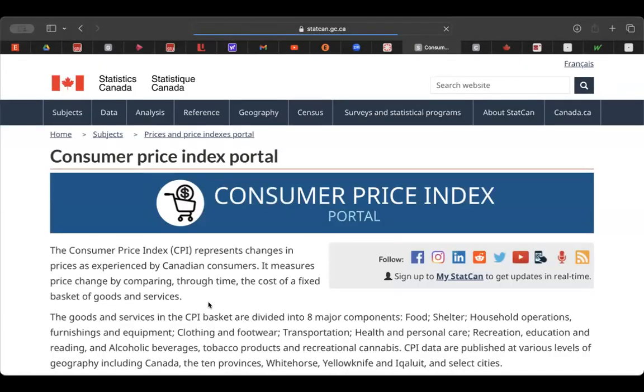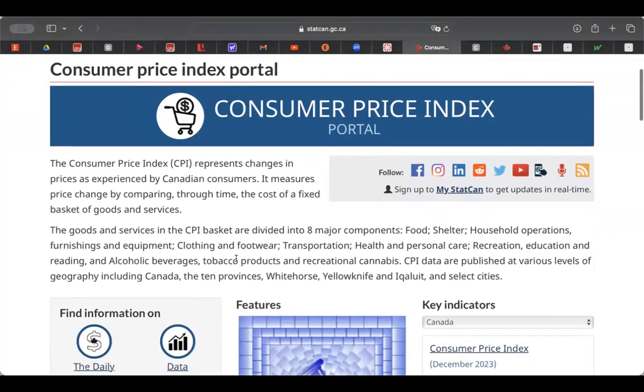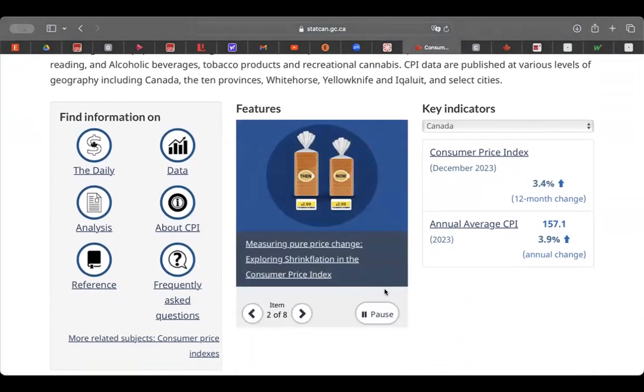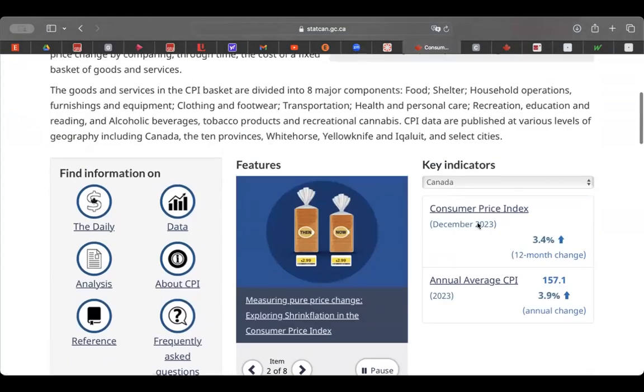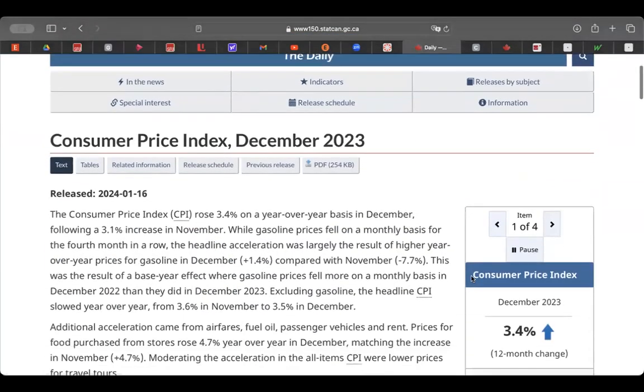If you come here, it will explain in detail. It has some places where it may explain exactly the weights of different categories. But here, they have the data.